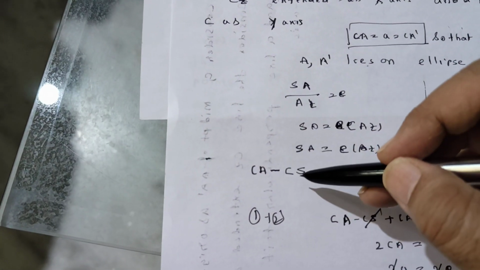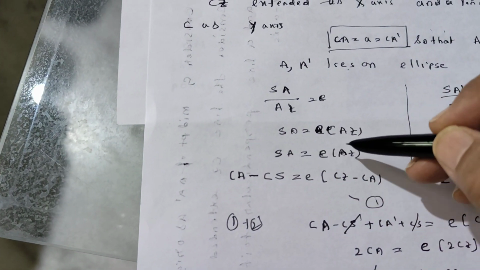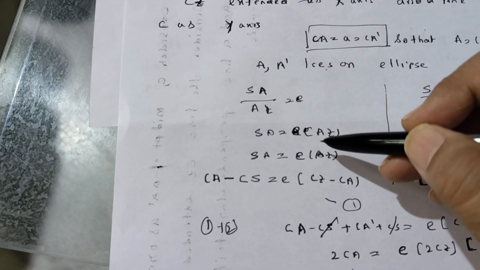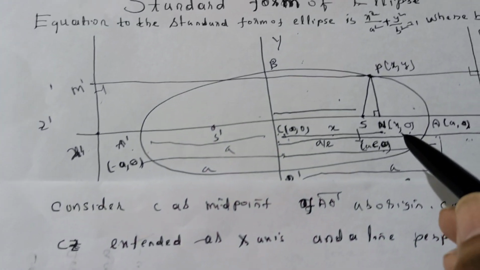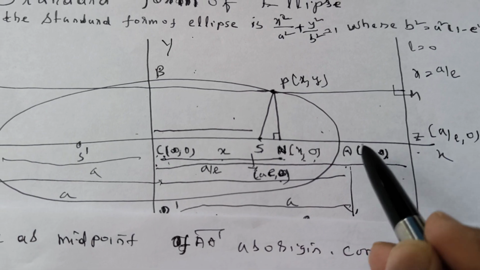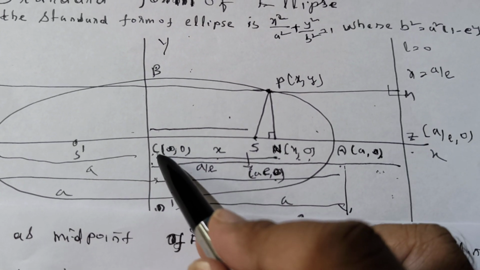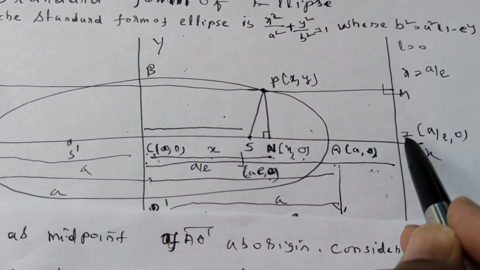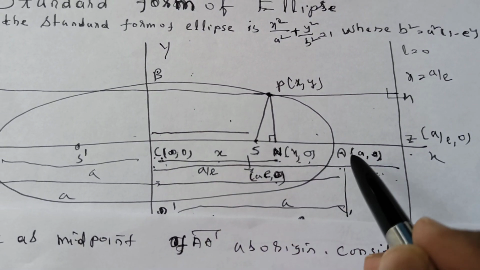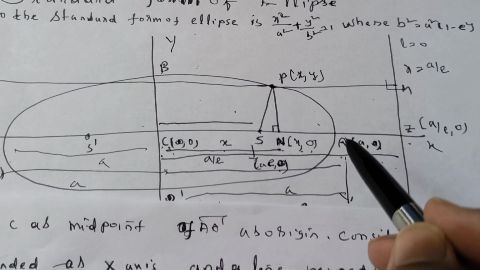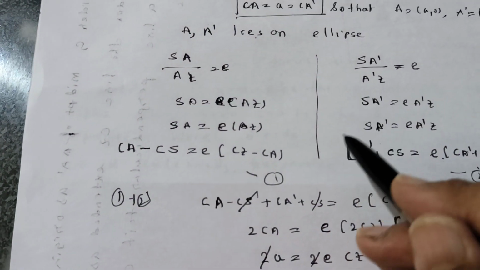That's what you have written over here, CA minus CS equals E into AZ. What is AZ? Now I am looking in the diagram. AZ: first from center to total distance, I'll take CZ. I'll subtract this length, that is nothing but CA. So this is nothing but CZ minus CA.